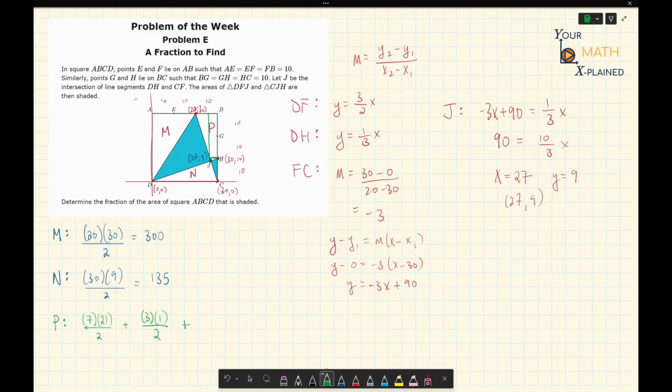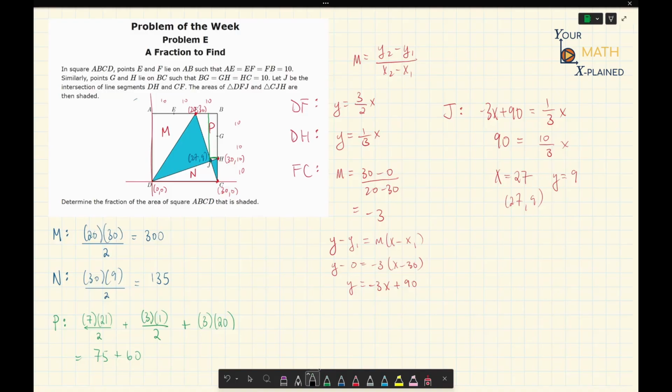So we've got a rectangle that has a width of 3 and a height of from 30 to 10, so that's 20. So when we add up all of these numbers, we are going to get 7 times 21 is 147, plus the 3 would be 150 over 2. So that's the 75 and the 60 from the rectangle.